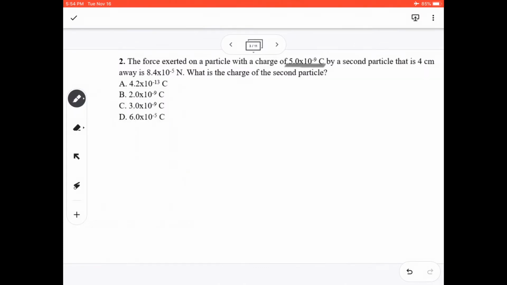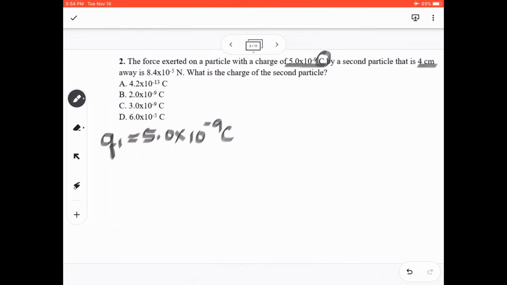This is the first given, which is measured in C, and if it's measured in C, we know that it is a charge, so that will be our Q1. Q1 is equal to 5.0 times 10 raised to negative 9 coulomb. The second given is 4 centimeters. If it's in centimeters, it means that it is distance.